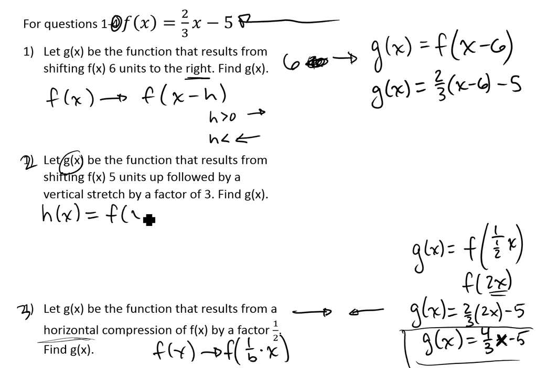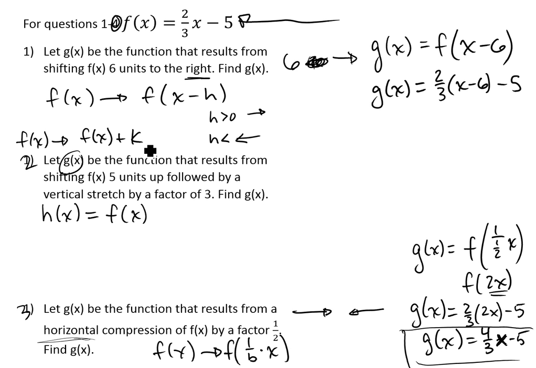here's the difference. When I want to do a translation up or down, all I need to do is add or subtract from the functional value, from the output value. So in our notation, if I'm being consistent with what I wrote for 1 and 2, the transformation looks like this. In order to transform f of x that way, we take our value f of x and we add to it some value k.